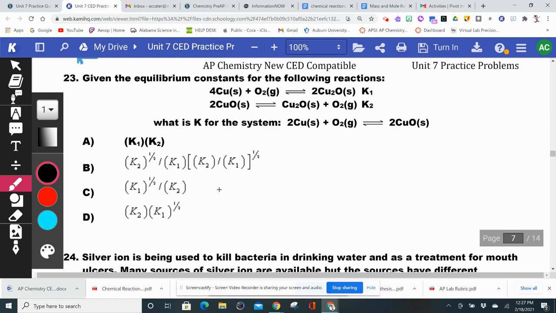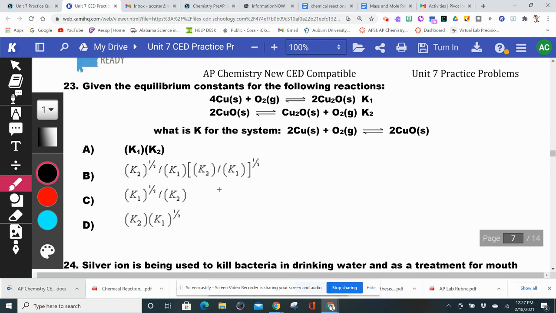Let's see. With these type equations, like you see on 23, just remember that you're basically just combining those two equations to get this one, and you may have to manipulate those somehow to get the end result. So you may have to turn one around backwards.